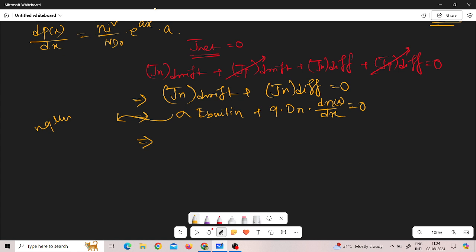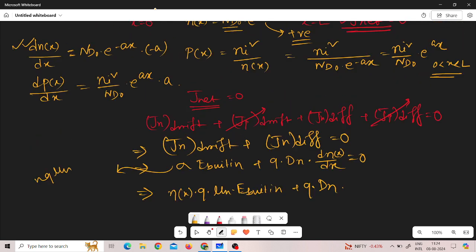So here it will be q nx, q mu n E built-in, q dn, and dn by dx equal to, here from here this is minus a and this term is nothing but nx, so minus a into nx.